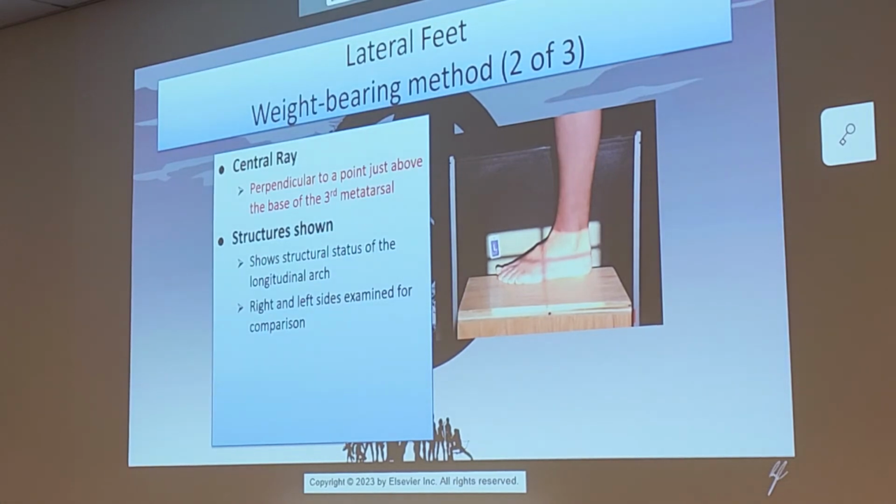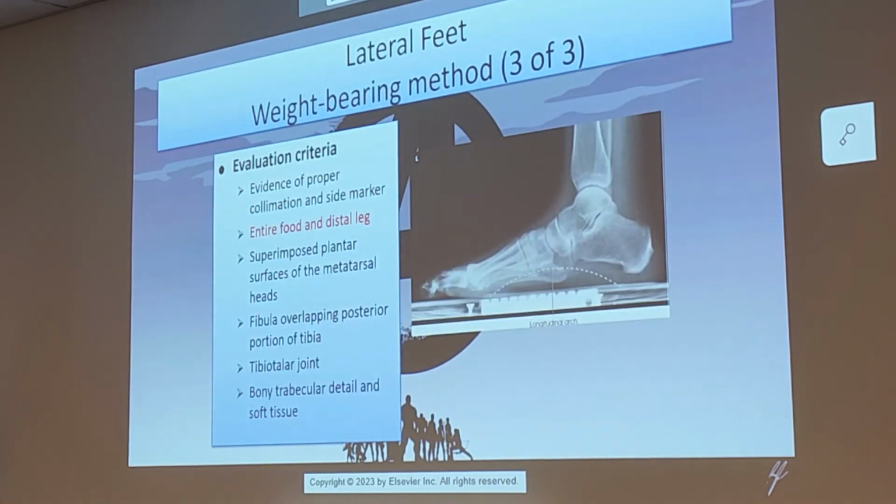On to the next. So, lateral feet weight-bearing method. The criteria we want to see today is that collimation is always a big factor. Almost identical to a lateral foot, right? You want to get the entire foot and the distal leg as well. Superimpose the plantar surface of the metatarsal heads.